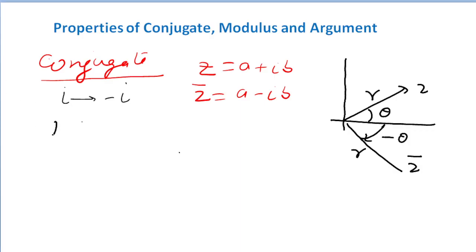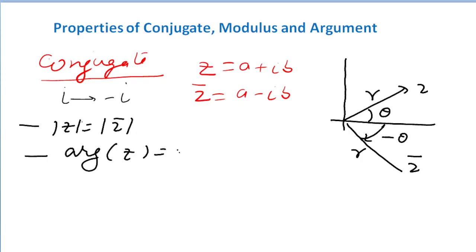So the modulus of z and its conjugate remains the same, whereas the argument of z is minus the argument of z bar. The argument is just reversed. Now let's talk about some of the properties of the conjugate.